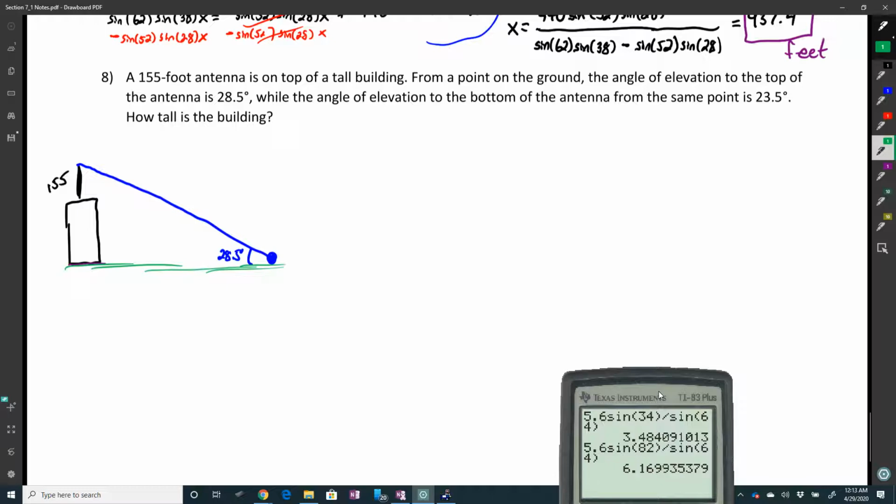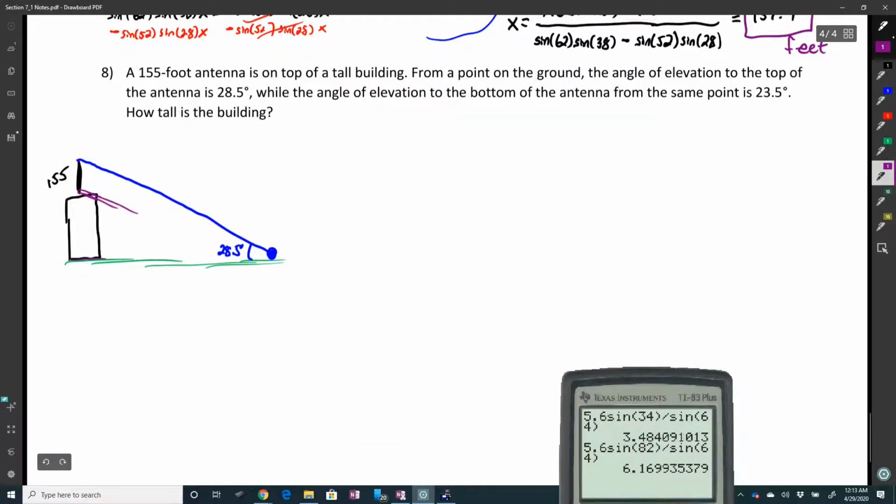And the angle of elevation from the same point to the bottom of the antenna is 23.5 degrees. Like a surgeon. There we go. So this angle, I'm just going to put an arrow to it, is the 28.5 degrees. And that's all they give us. And they want to know how tall is the building. So they're looking for h.